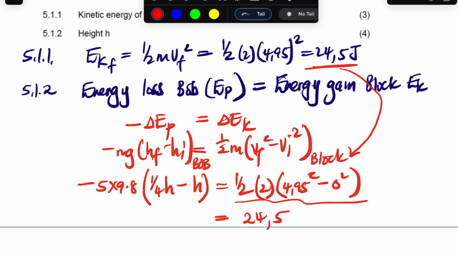And this side, when you say negative 5 times 9.8, it's going to be negative 49, and then you times by the quarter.